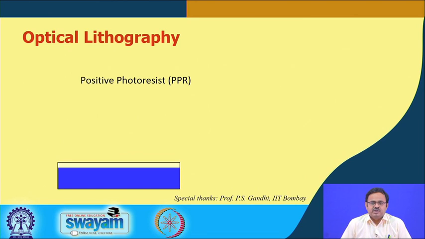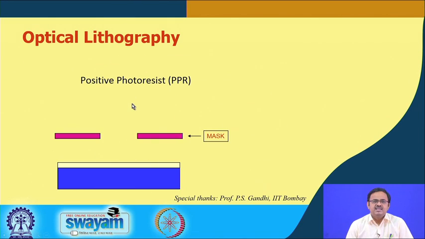It can be PDMS, for example. Then this is the mask. This is a cross section. So, as we can see, a lot of the mask is covered and then a part of it is exposed. This is like a cutout in the mask. Okay. Just like our face mask, we have cutouts for eyes and nose and mouth. This is a cutout.